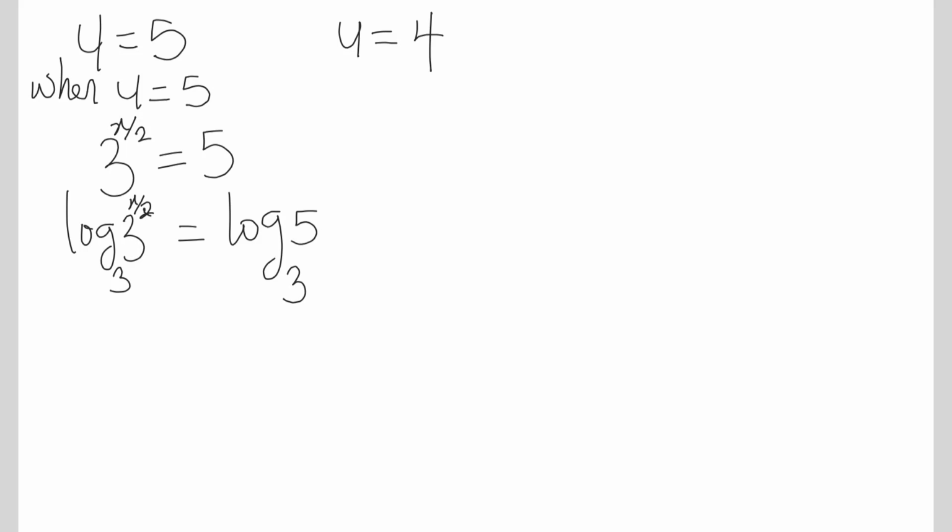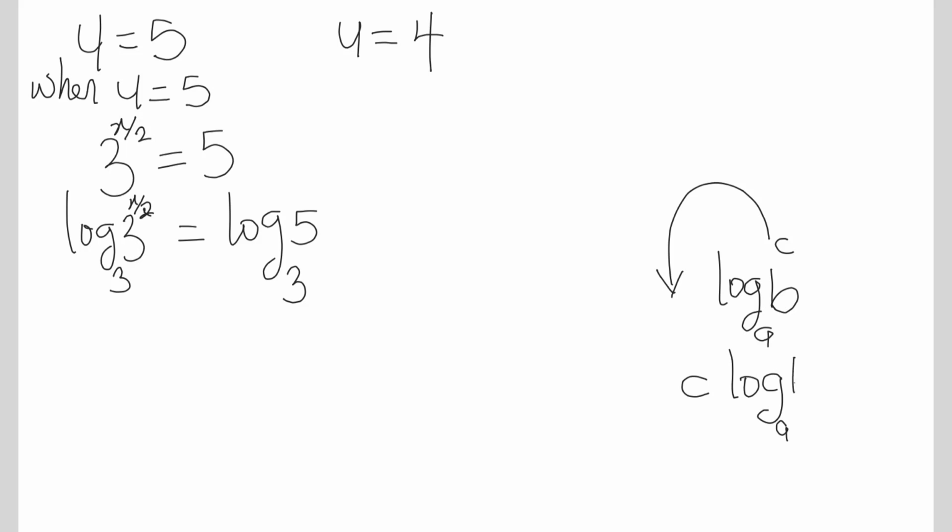Don't forget, one of the laws of logarithm is when you have log of a particular base, let's say base A, then we have B. If B has an exponent, which is C, we can in turn bring the C to this side, which becomes C log base A of B. And that's what I'm going to be doing.